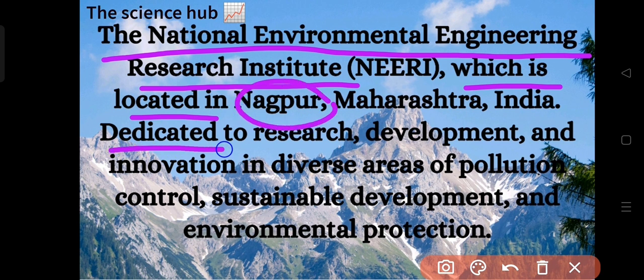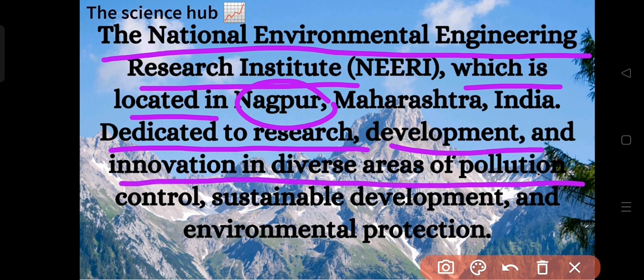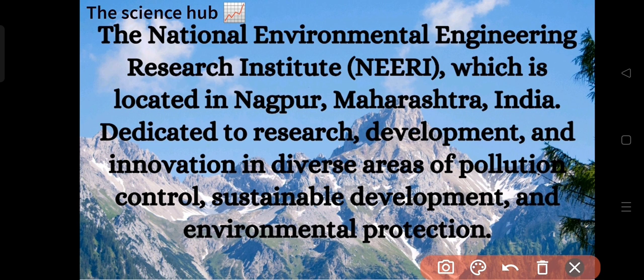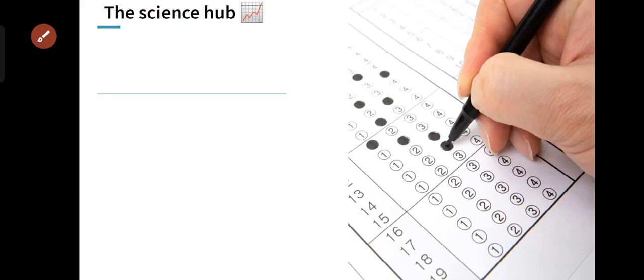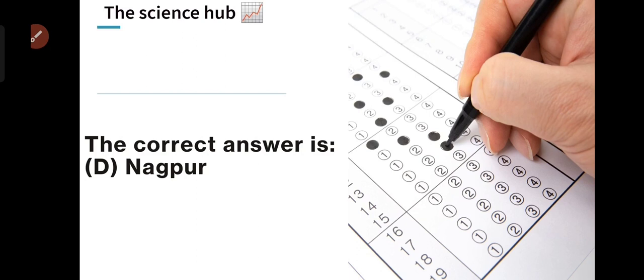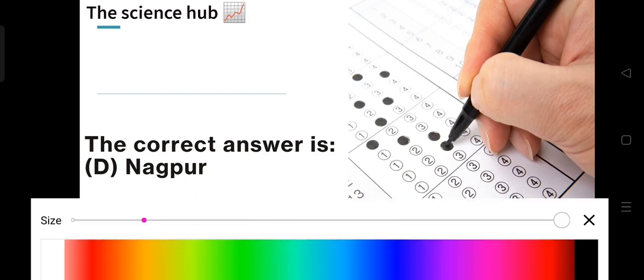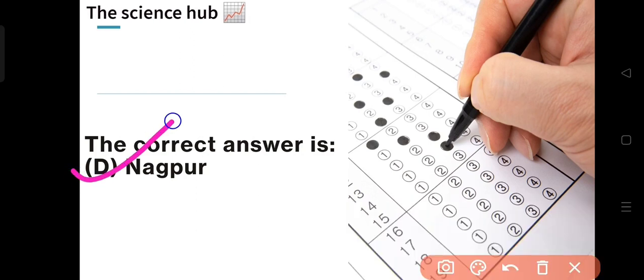It is dedicated to research, development and innovation in diverse areas of pollution control, sustainable development and environmental protection. So from this explanation we got to know that NEERI is located at Nagpur. So here our correct option is D. Now moving on to the next question.